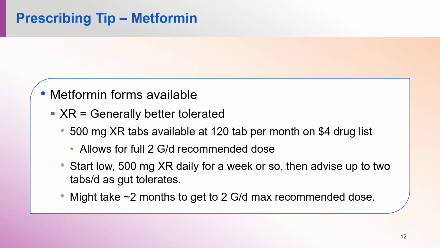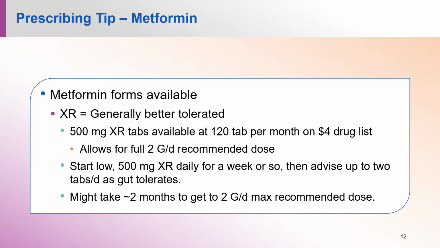And I always warn people, metformin's a big pill, because sometimes that frightens people and they think big pill means I'm really sick. I always warn them ahead of time that it is a good sized pill. Now, are there 750 milligram XR tablets and other doses? Absolutely.